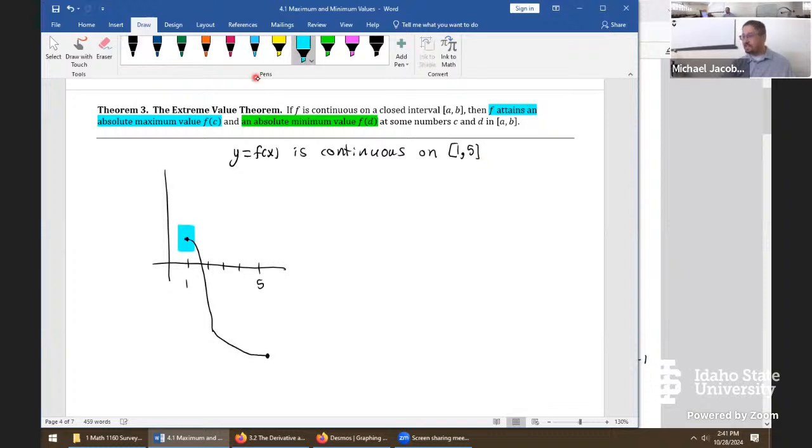The only thing that changed is on the left now is the absolute maximum, and the right is the absolute minimum. So there's the absolute max and absolute min. So this turns into a really powerful theorem because it can allow us to find absolute maximums and absolute minimums. Any questions, folks, with that extreme value theorem so far?